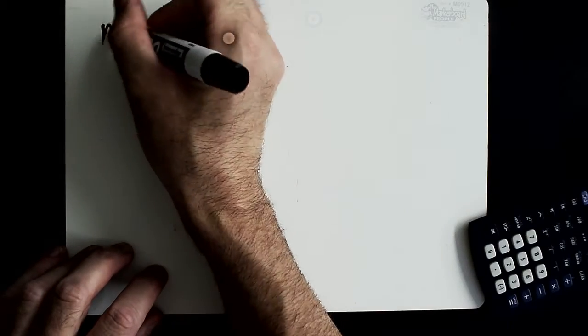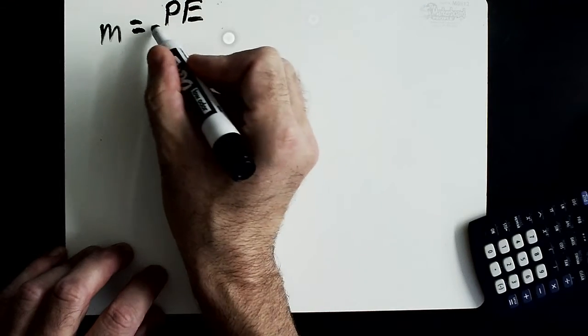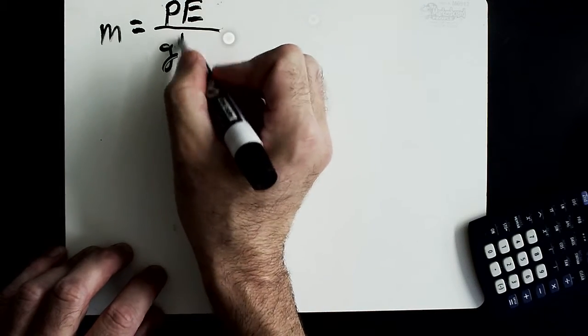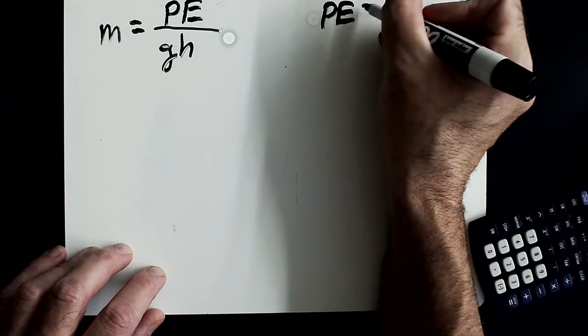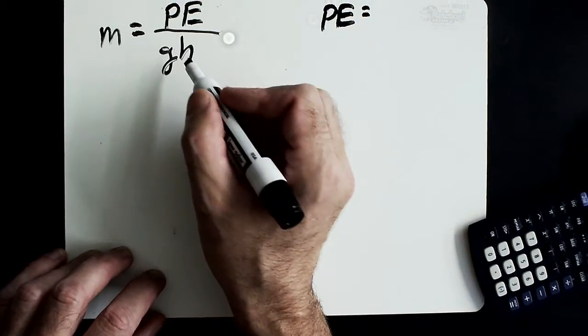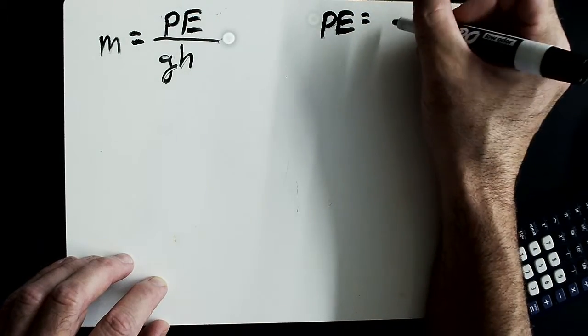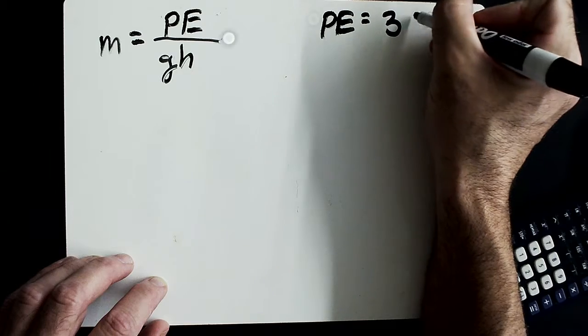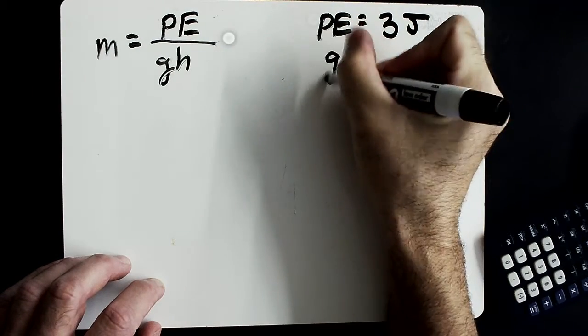So this is the mass one. If I was to take the potential energy equation and rearrange it to solve for mass, it would look like this. Let's say the potential energy they give you, these are actually the harder ones, equals 3 joules. Gravity is always going to be the same.